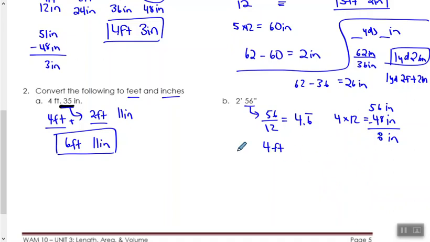Sorry for that ugly 8. So 4 feet, 8 inches, and we have that 2 feet from before. So add that 2 feet and 4 feet, I get 6 feet, 8 inches.